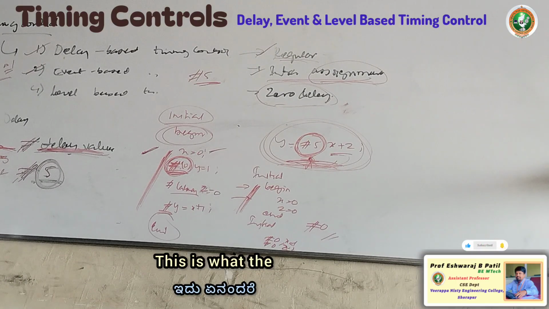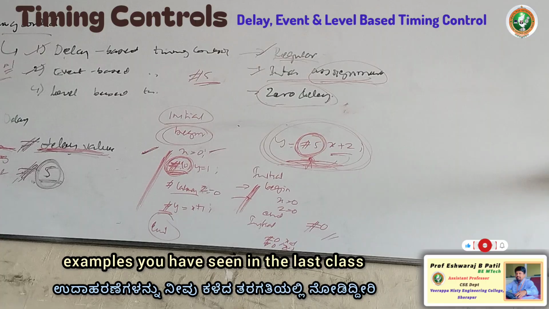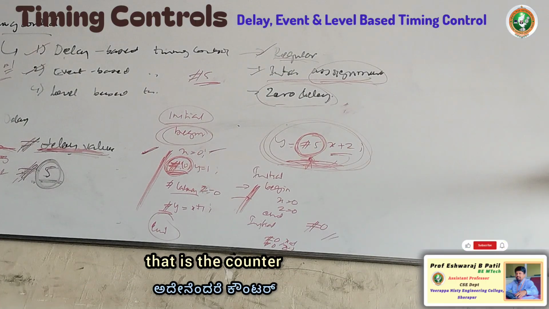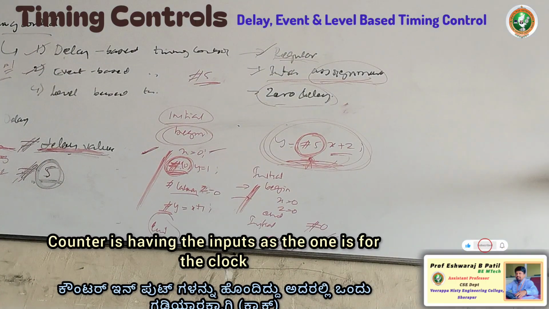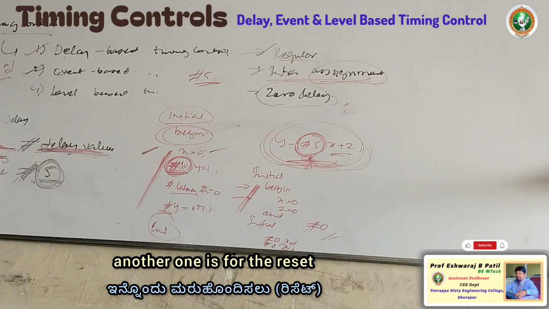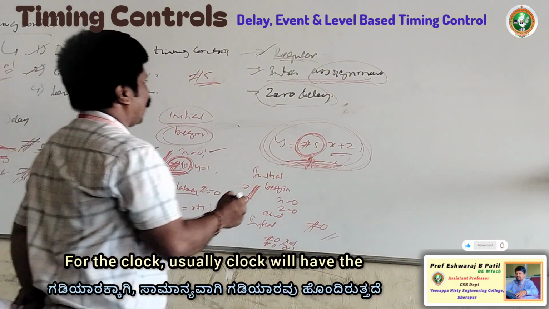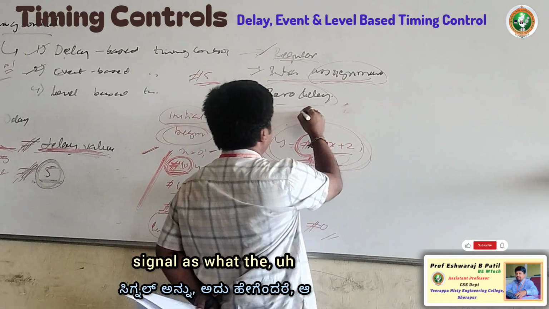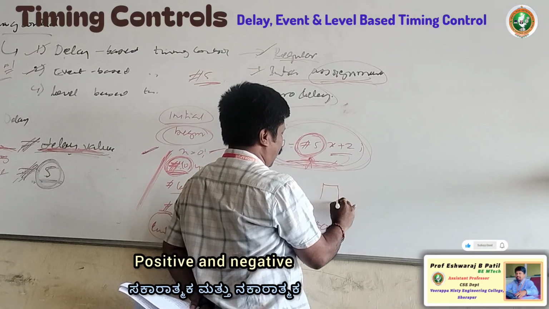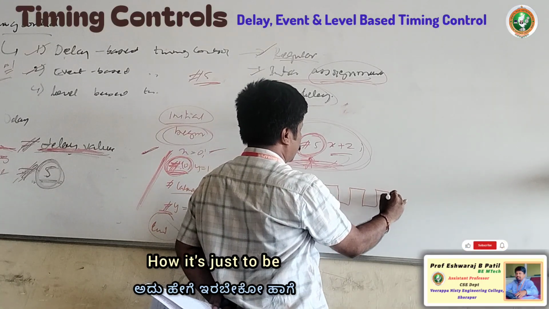We have seen some examples in the last class. The counter has inputs: one is the clock and another is the reset. For the clock, the signal usually has positive and negative edges.